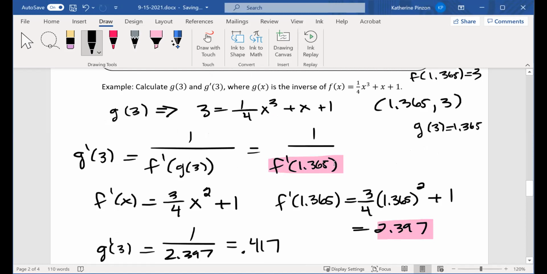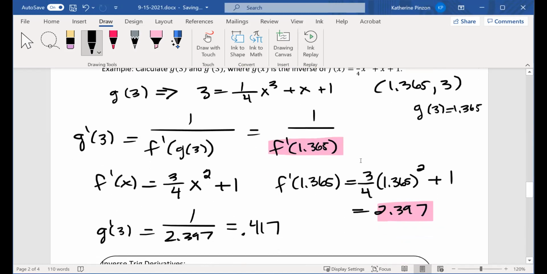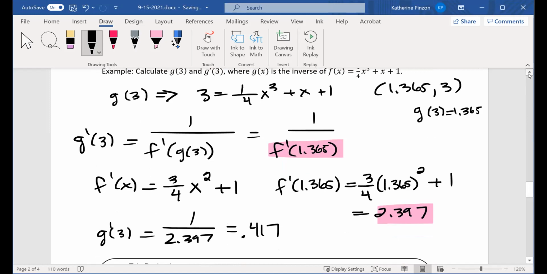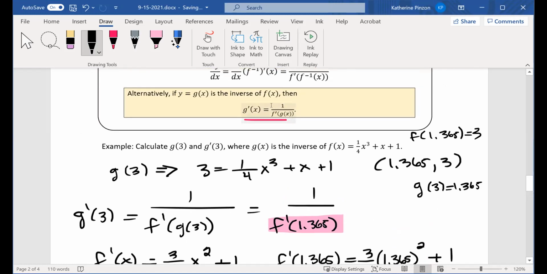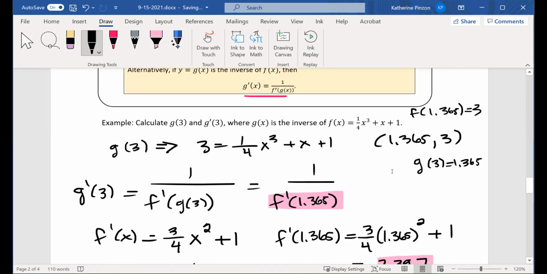So I found a whole bunch of things about the inverse function g of x without ever finding its equation, just by knowing things about f of x and by knowing this rule about the derivative of the inverse.